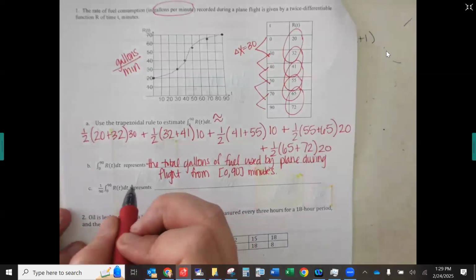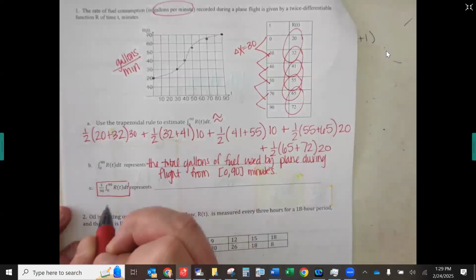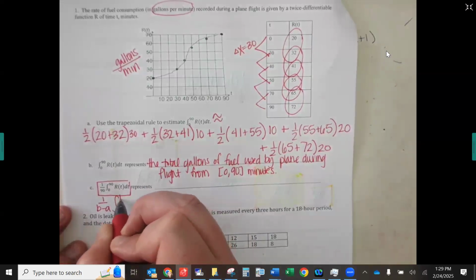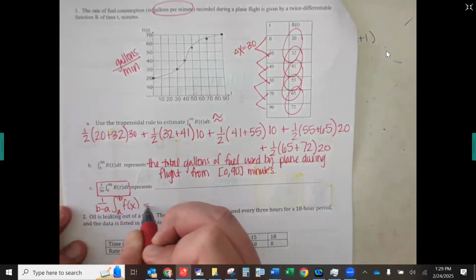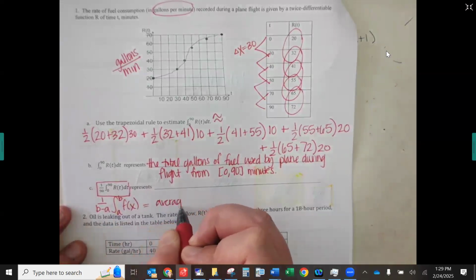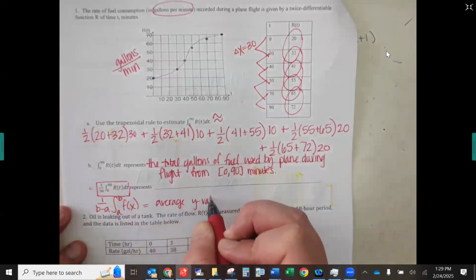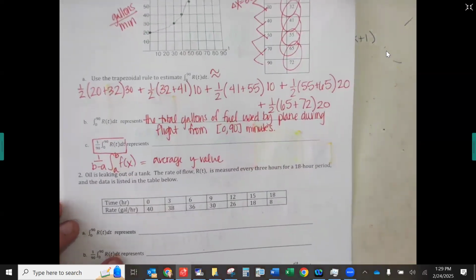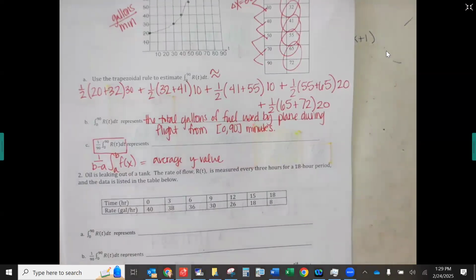Okay, this is the formula that you learned last week. Do you remember 1 over b minus a, integral a to b? That is the average y value. And so usually on the AP test, they're going to either ask you to say what this represents or this.